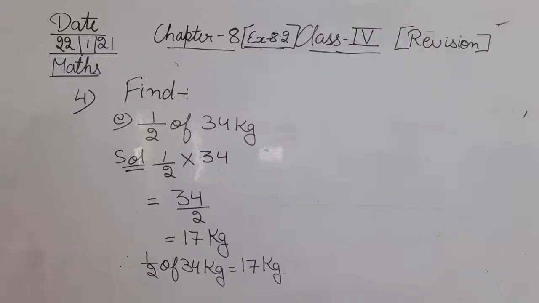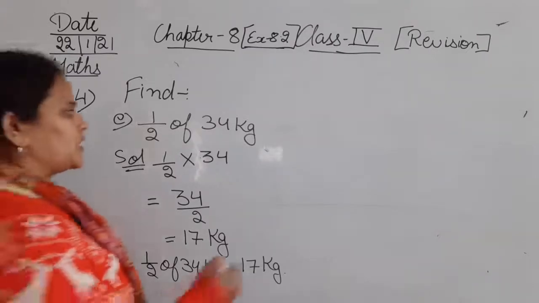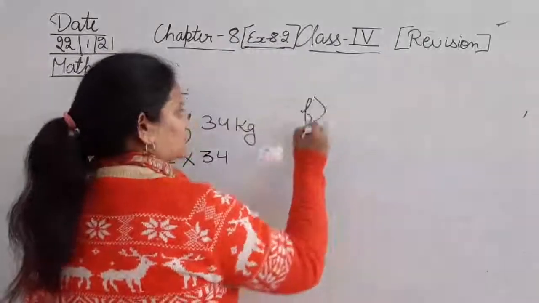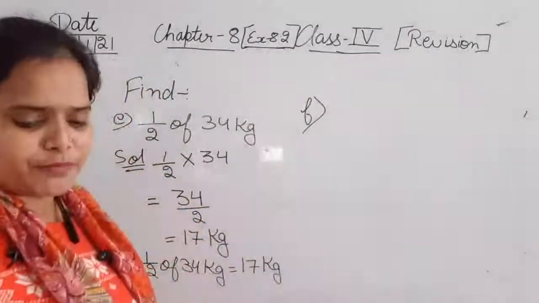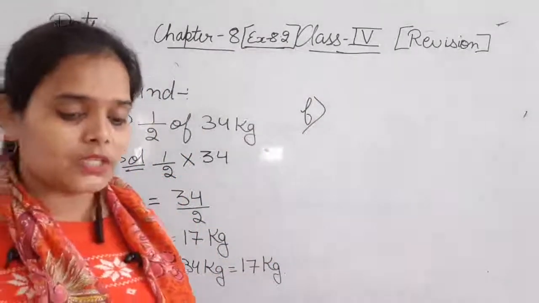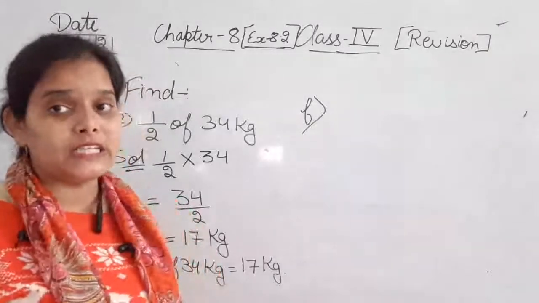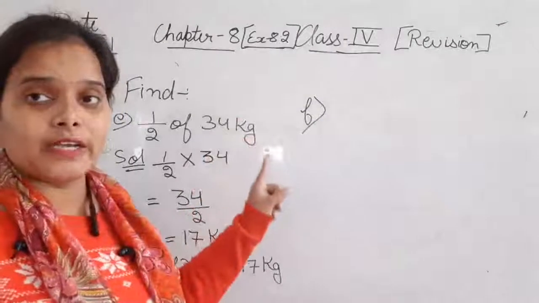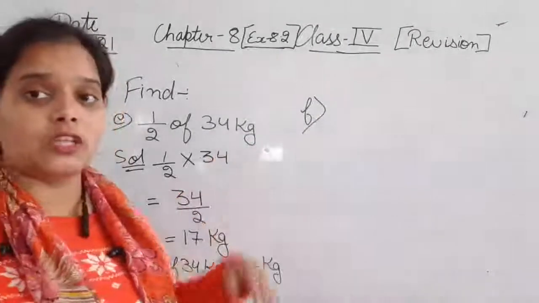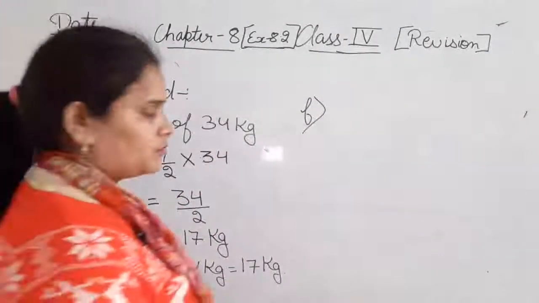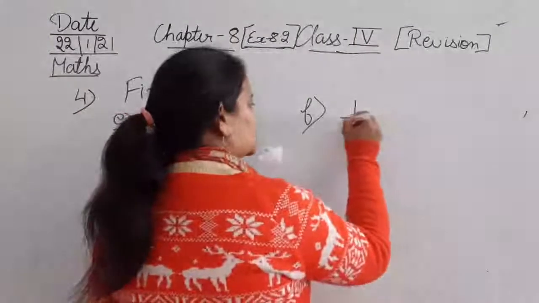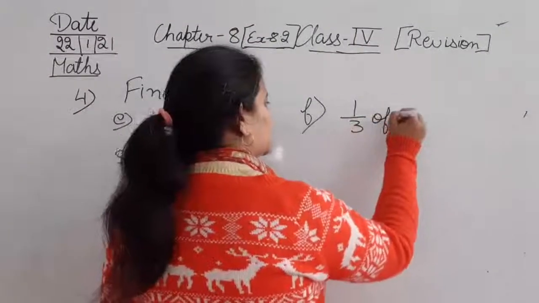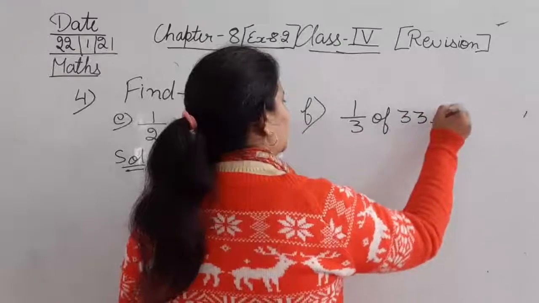चलिए moving next to the F part. Okay, so in the F part is given 1/3 of 33 liter. Now देखिए every question the unit is being changed. Earlier it was rupees, now it's kg, and now the F part is 1/3 of 33 liter.